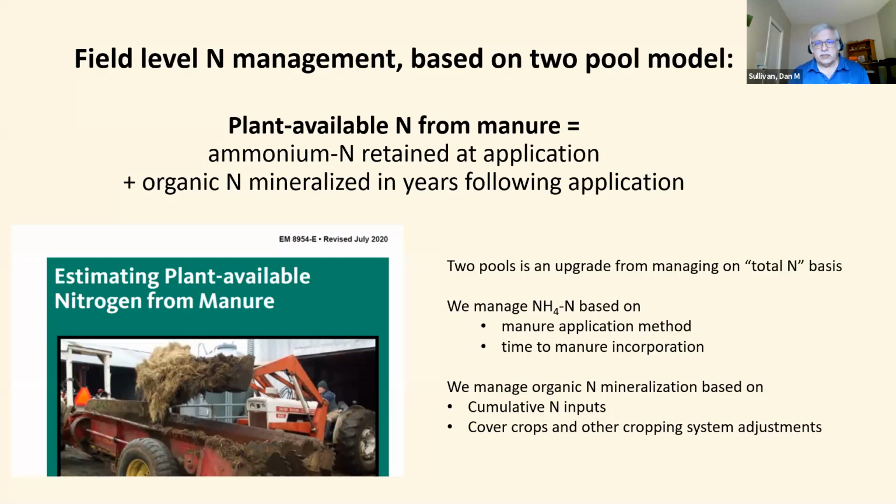The advantage is that different types of manure have different proportions of ammonium and organic nitrogen, so we can customize the application rate depending on the technology we use to retain ammonium nitrogen, and plan to include the organic nitrogen mineralization.